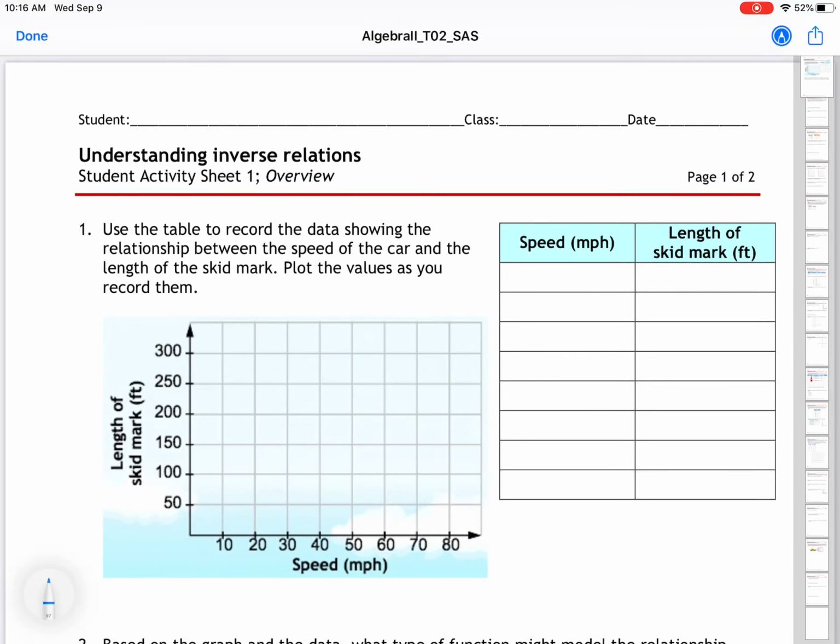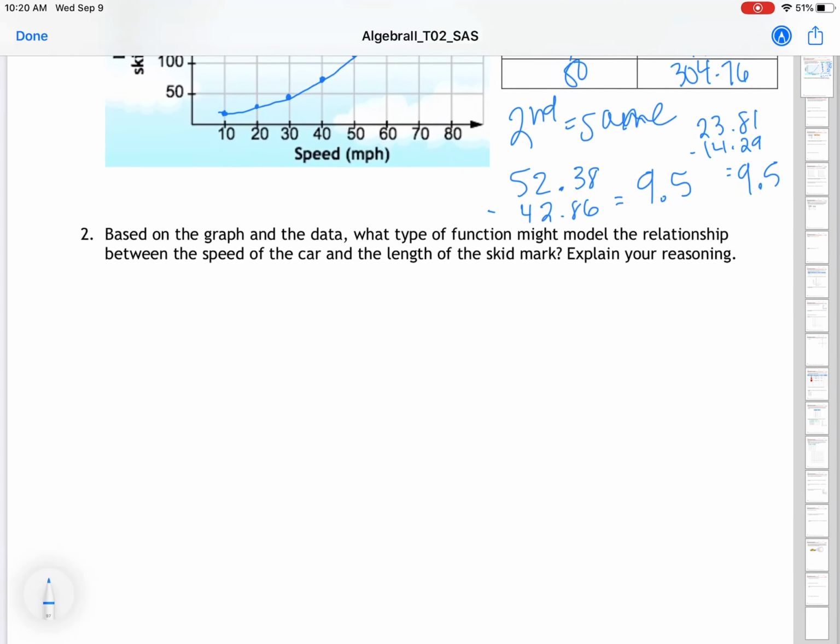Our second difference would be 52.38 minus 42.86, and that's a common difference of 9.5. If we take 23.81 and subtract 14.29, we also get 9.5. So since our second difference is the same, this is a quadratic function.